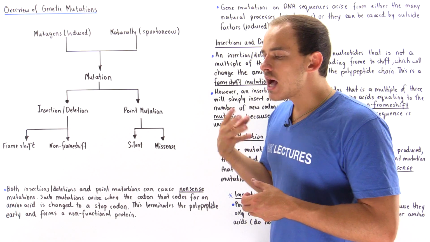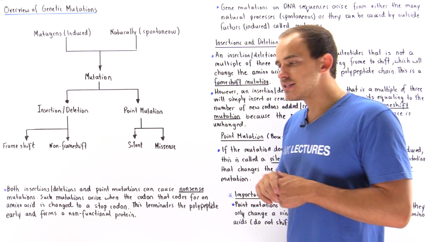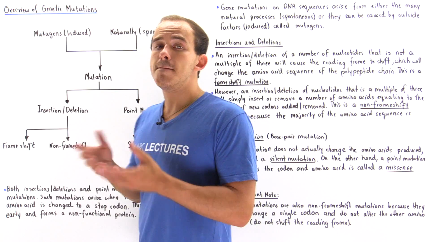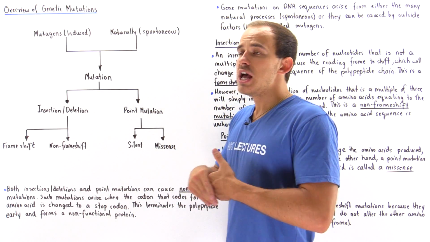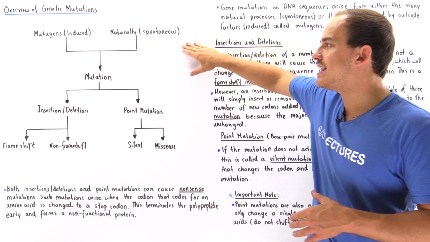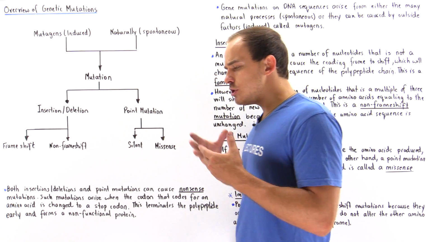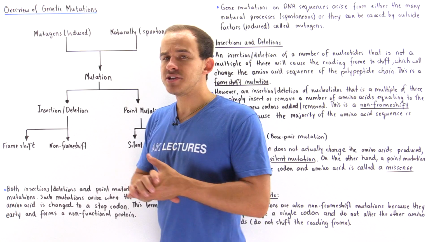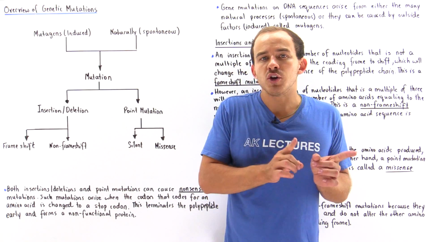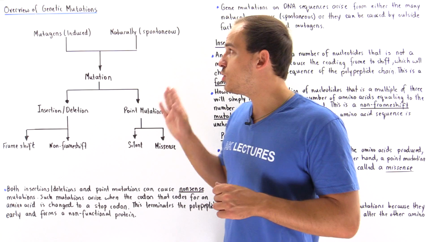So these types of natural gene mutations that take place as a result of one of the many natural processes that exist in the cell are known as spontaneous mutations. Now, on the other hand, a gene mutation can also take place as a result of one or more physical or chemical agents known as mutagens.